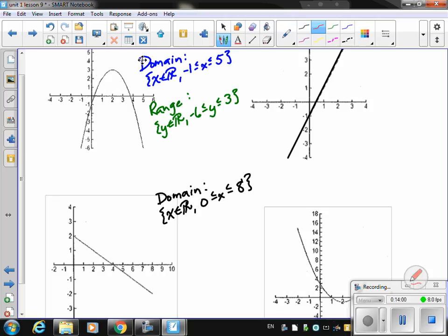The range is the up and down values. Y is an element of the real numbers. It's continuous, not just a bunch of dots. The lowest place for y is -2, and the highest place for y is +2. Y lies between -2 and 2. Try the other 2 with your friend.